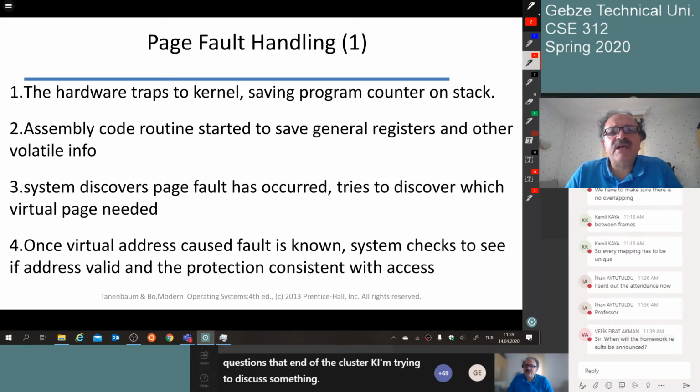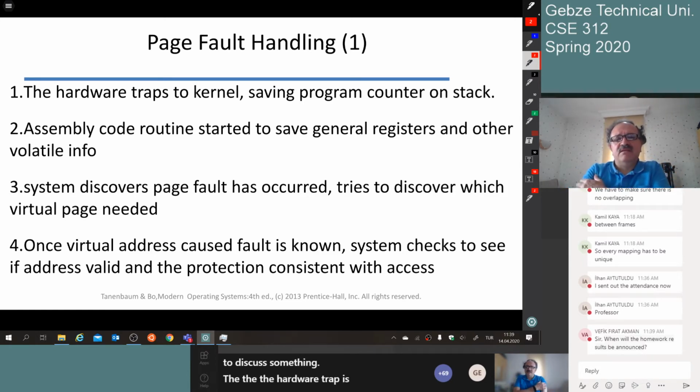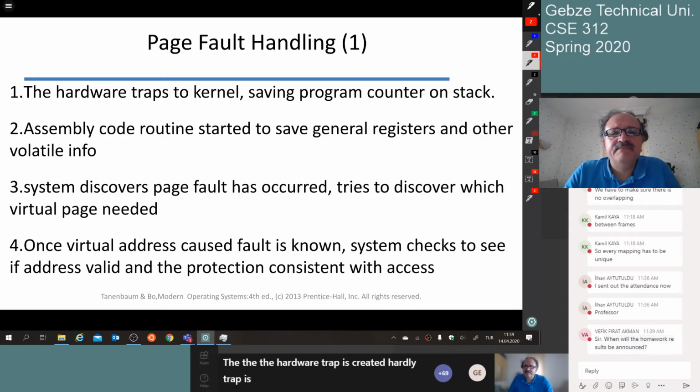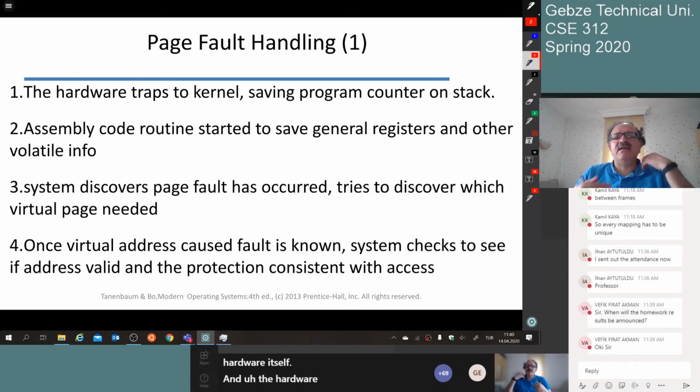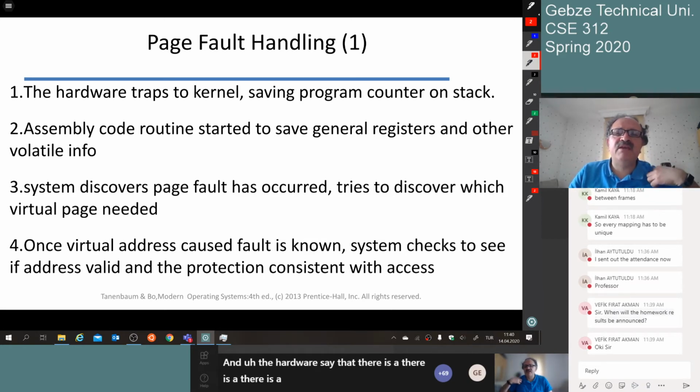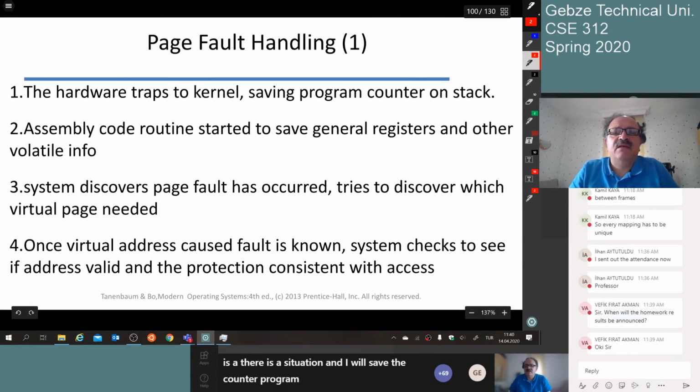The hardware trap is created, and this is done by the hardware itself. The hardware says that there is a situation and it will save the program counter on the stack. That's what it does, and it causes a trap to the kernel.